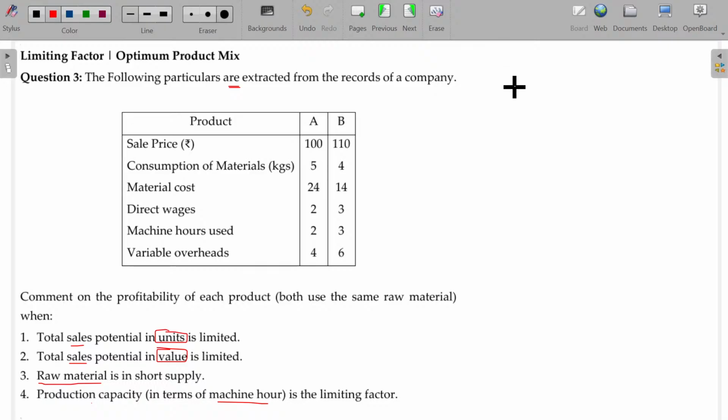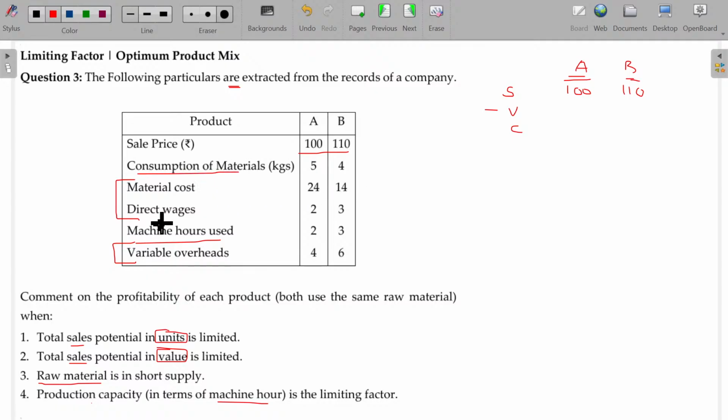So, let's start with the sales less variable cost. You will get the contribution. We have two products A and B, with sales prices of 100 and 110. We have been given direct material cost, direct wages, and variable cost. This is machine hour use, this is consumption of materials.